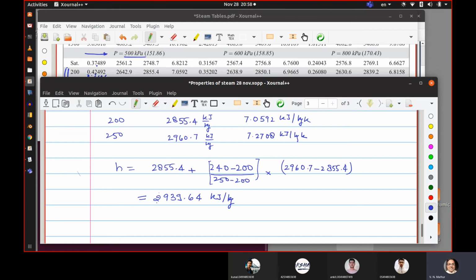I hope you can calculate entropy also like this, and I'm skipping that part. Or if you want to do it, I can give you a few minutes. Just try to find out the enthalpy so that we can write the final answer here, and then we'll move to the next part. It's already 9 o'clock.